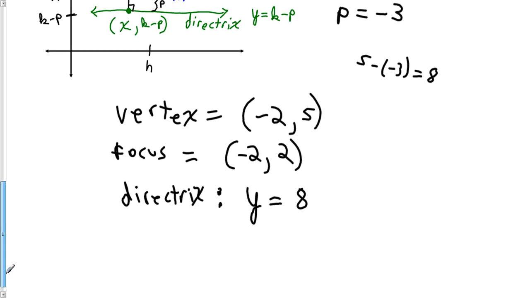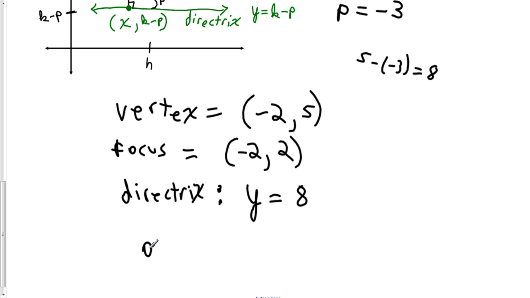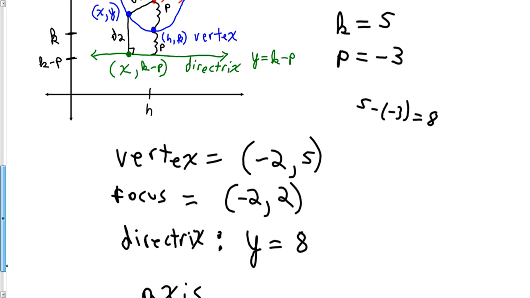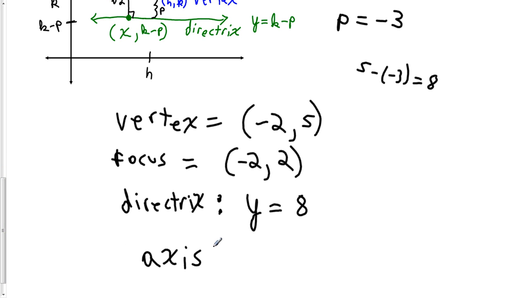The only other thing left would be the axis of symmetry. The axis of symmetry here is a line that goes through the vertex and the focus. Since the vertex and the focus both have the same x value, that equation is going to be x equals h, the equation of a vertical line.